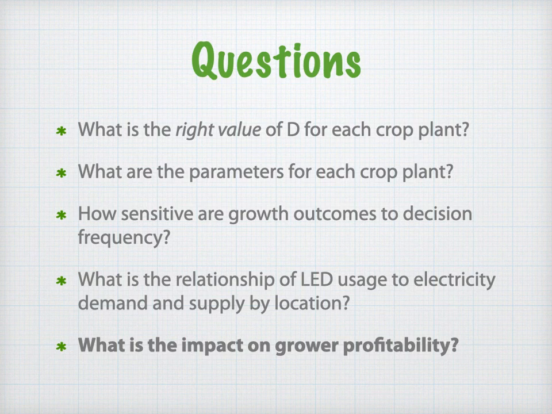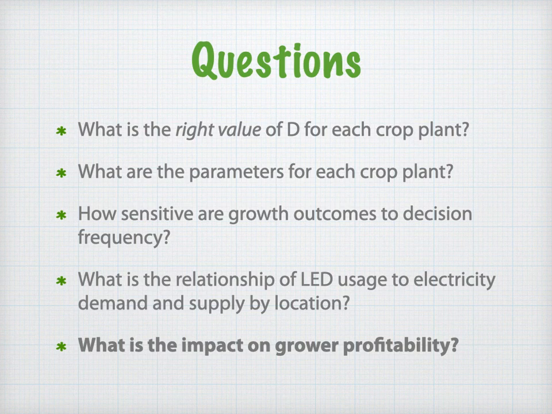We built our model based upon known data for lettuce. To apply it to other plants, we need to know the right value of D, the threshold number of photons to be received each day, and the parameters for each crop plant. That is, we need to know the shape of the growth curve.